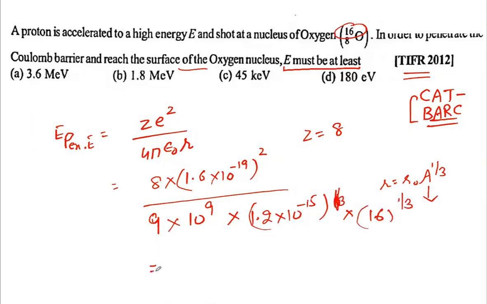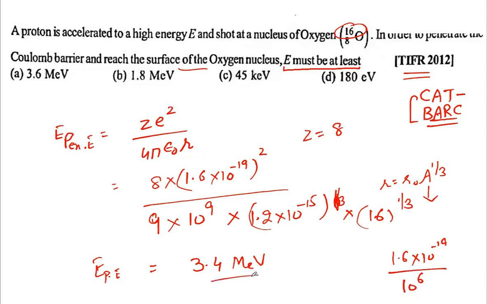When you solve this, the penetration energy comes out to be of the order of 3.4 mega electron volt. When you find this value and divide it by 1.6 into 10 to the power minus 19, the energy in joules is converted into electron volts. And when you further divide it, mega electron volt is 10 to the power 6 electron volt.